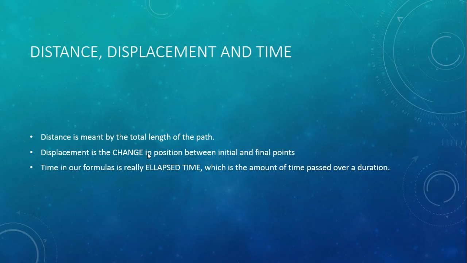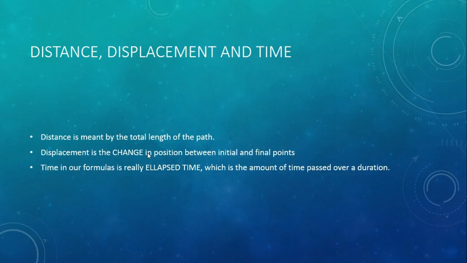So if the car took 3 seconds, or the car started at 5 o'clock and moved 300 meters by 5:01 or something like that, we don't really care about the 5 o'clock part. We just care about how much time it took between the 2 points. So it'd be 1 second in that case.